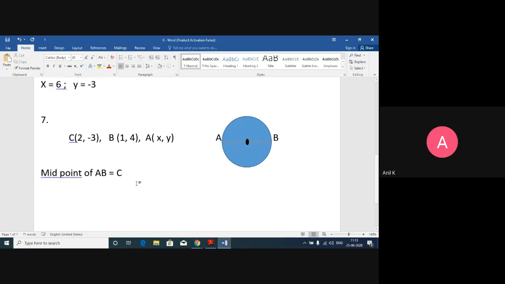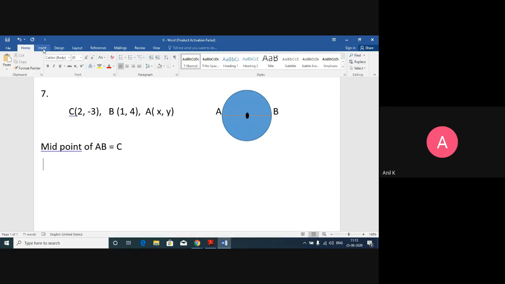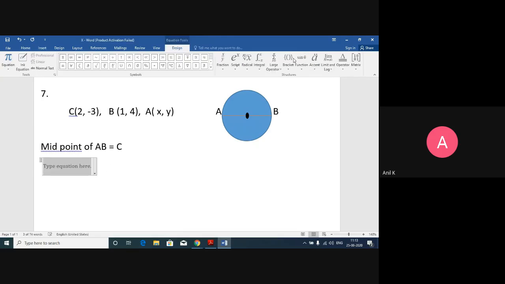So apply the midpoint formula of AB because I know the coordinates of A and B. I'll take B points as x1, y1, and A points as x2, y2.